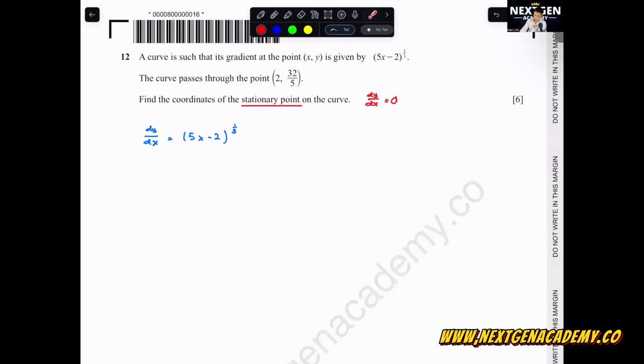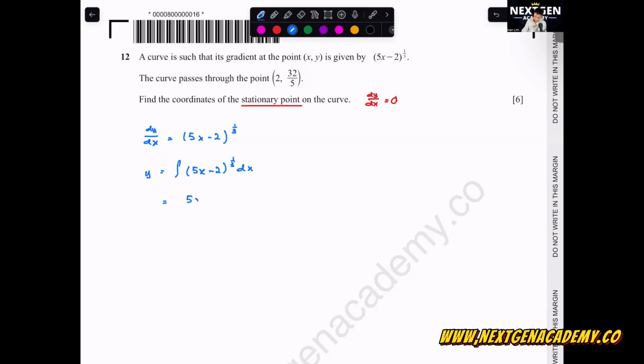Okay, we have to ask ourselves, why did they give us an x and y value? Normally it is to find the arbitrary constant, your c value. So we need to integrate to find the y equation first. y is equal to the integral of (5x minus 2) to the power of 1 over 3 dx.